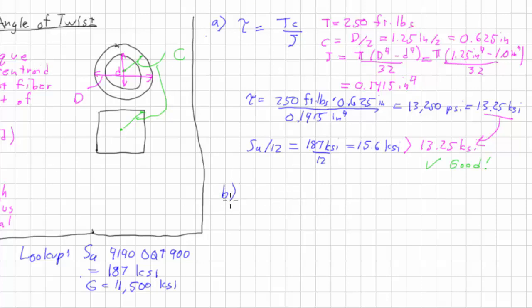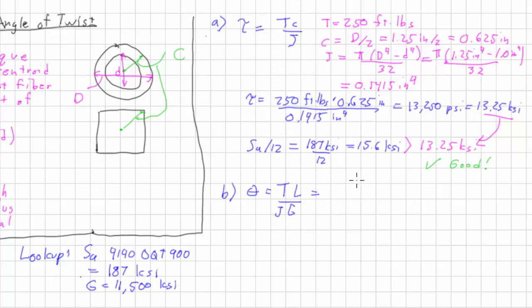For part B, the governing equation is that our angle of twist is the torque times the length over the polar moment of inertia times the shear modulus.